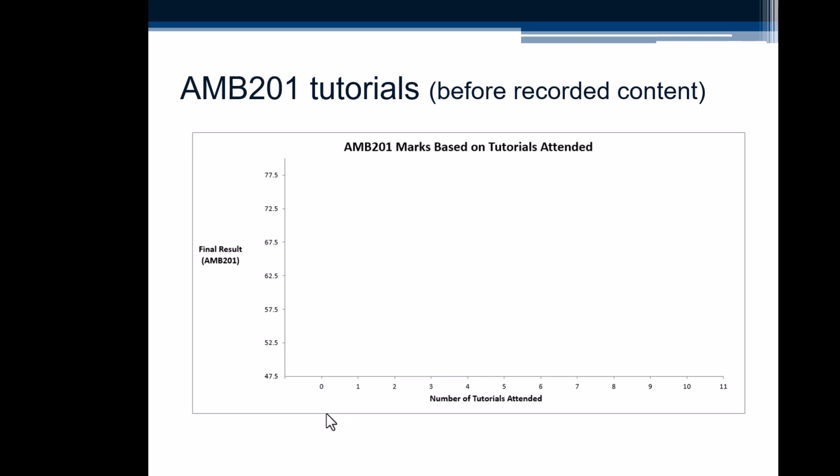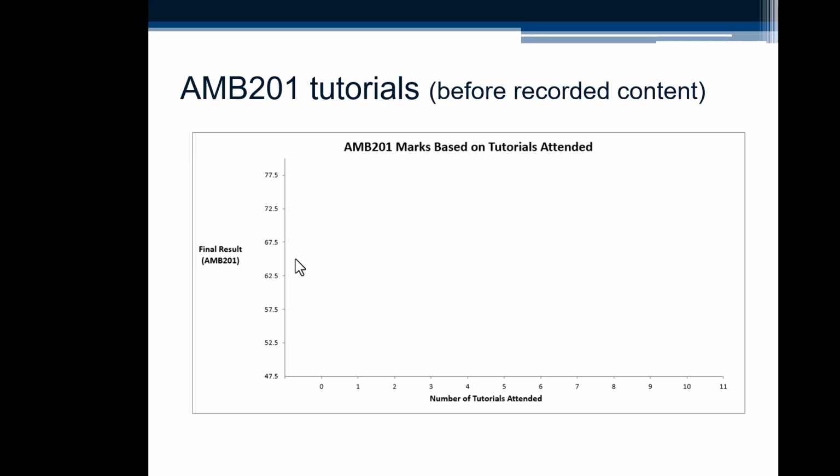And what we've been able to do across time is look at the relationship between tutorial attendance and grades that students achieve. So going back a few years, we didn't always provide pre-recorded content about lectures, for example. We didn't always record tutorials, for example.